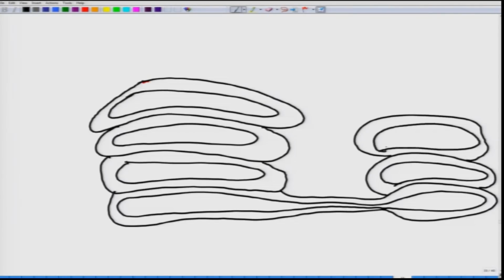Now, on those thylakoid spaces and the thylakoid membrane, this is where your reaction centers are sitting.